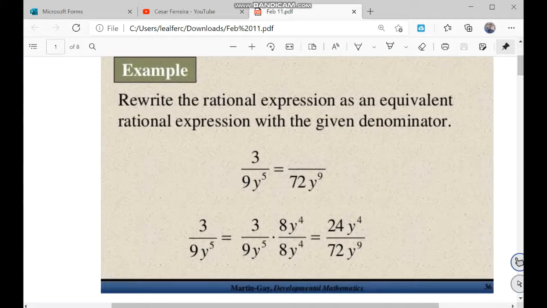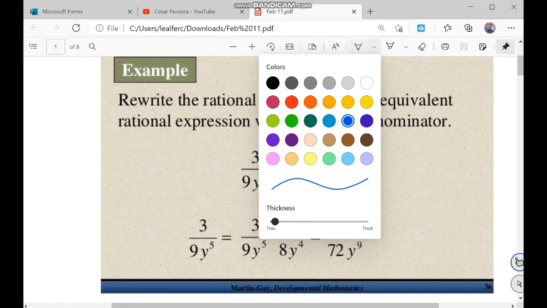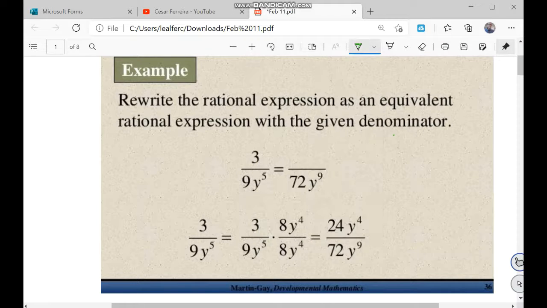Remember, let's say you have this expression here, 3 over 9y exponent 5. We want to find out an equivalent expression with the denominator 72y exponent 9. Why do we need this? This is the new denominator. This is the old denominator, right?